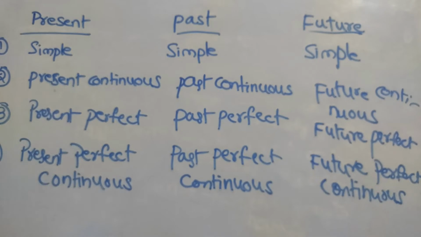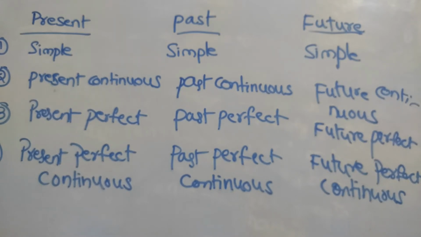So, in present tense, we have four tenses: simple present, present continuous, present perfect and present perfect continuous. When it comes to past tense, again four parts: simple past, past continuous, past perfect, past perfect continuous.